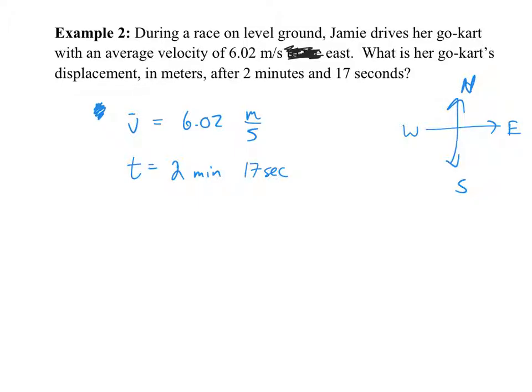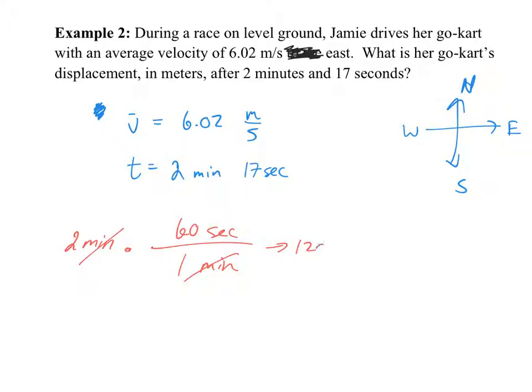How do we convert 2 minutes and 17 seconds into all seconds? Just simply figure out what 2 minutes is in seconds. If you don't know, you start by doing this on the side. 2 minutes times, what's my conversion factor between minutes and seconds? Quickly, come on. Minutes and seconds, what do they convert? 60 seconds. Yeah, so I want to get rid of minutes, so I can put the 1 minute on the bottom and 60 seconds up top. Minutes cancel.